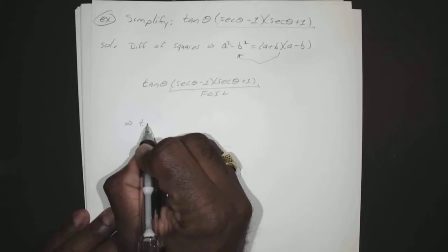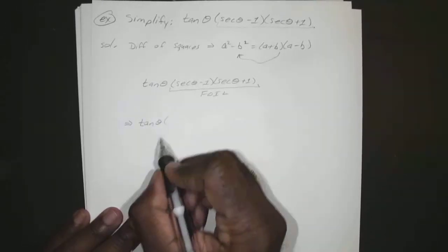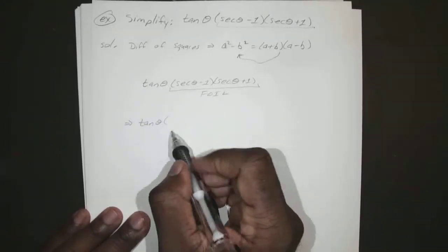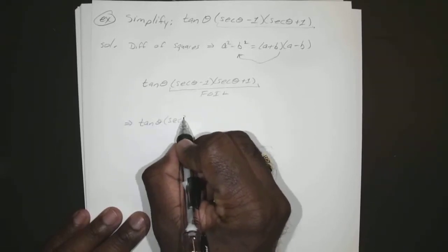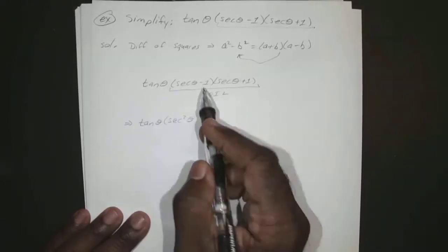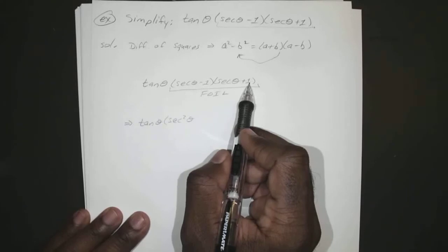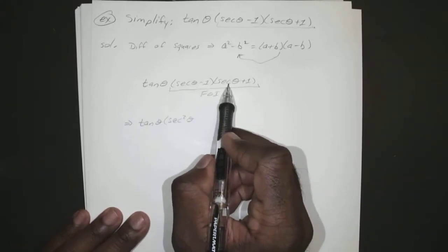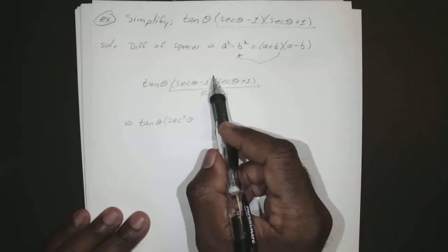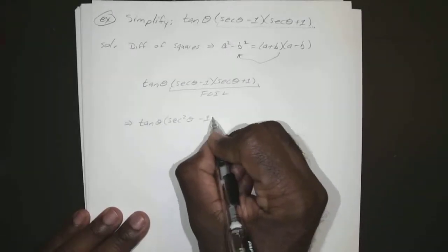we end up with tangent of theta times secant squared. Your outer is plus secant theta and minus secant theta, so those two cancel out. And your last is minus 1.